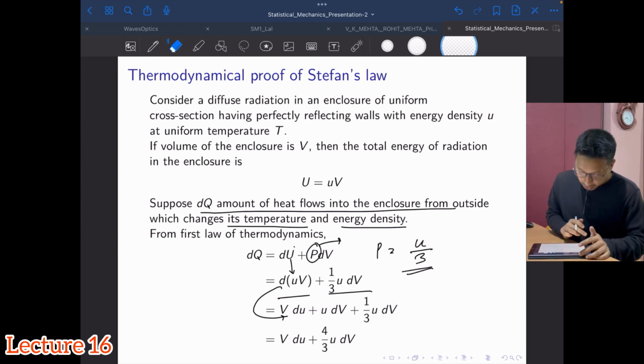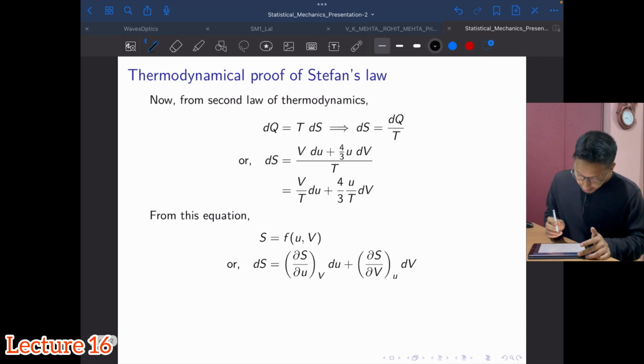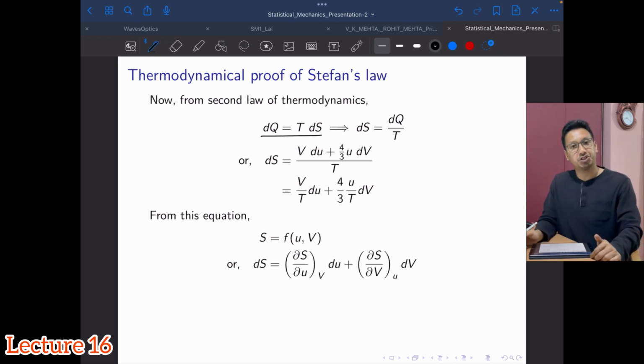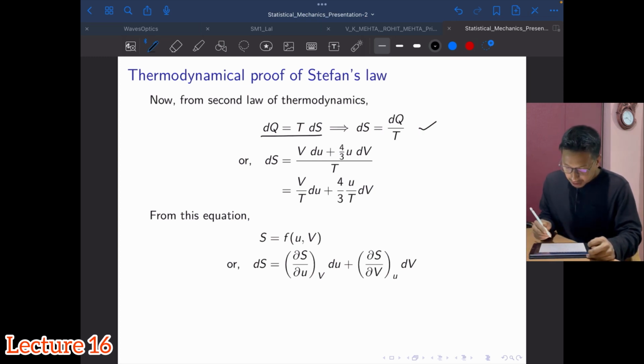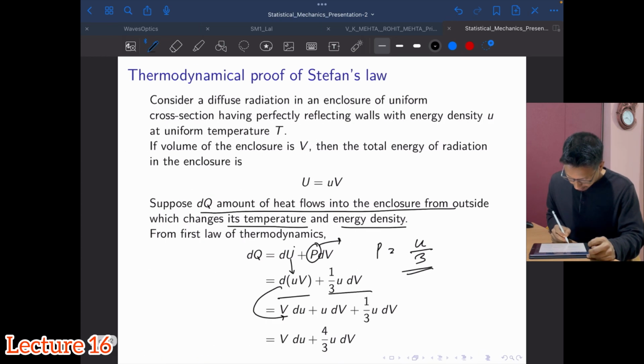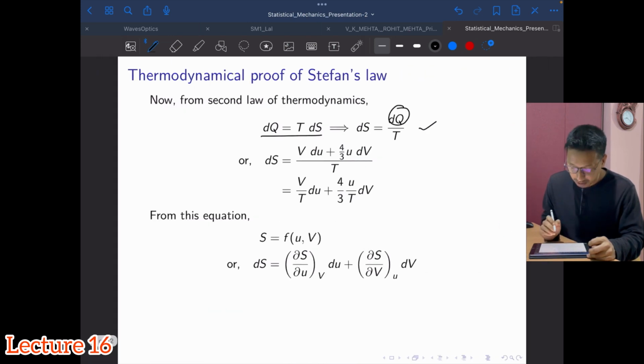Now we can apply the second law. From the second law of thermodynamics, you all know that dq is equal to T ds, and the change in entropy is ds equals dq by T. So let us substitute the expression for dq in this numerator.